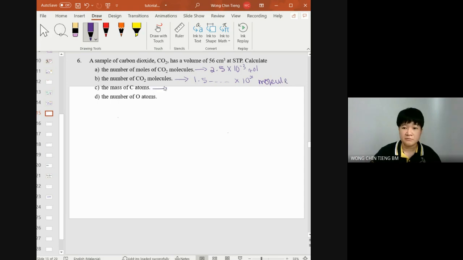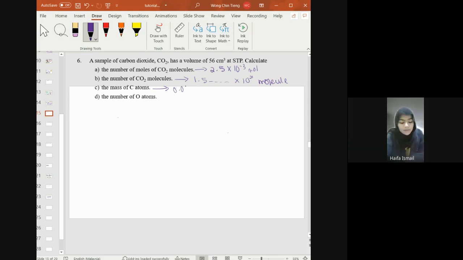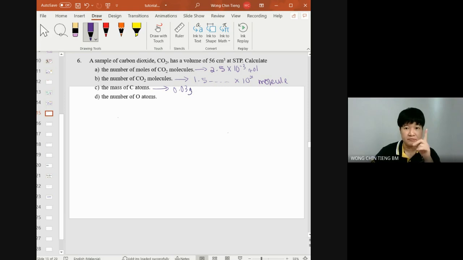Mass of carbon atom, Haifa? Okay, the question asked earlier was C. A sample of carbon dioxide gas has a volume of 56 cm cube at STP.